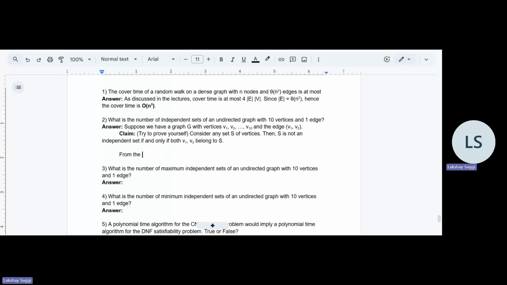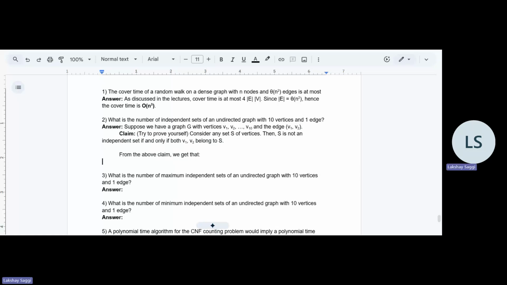From the above claim, what do we get? We get that the number of independent sets of G is nothing but 2 to the n, which is the total number of vertex sets present in this graph.